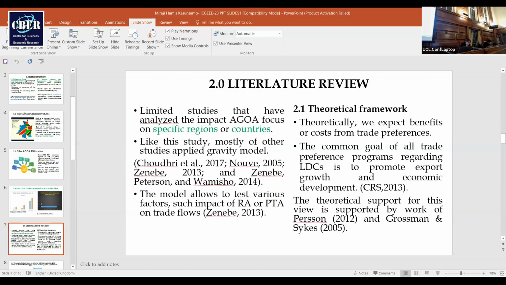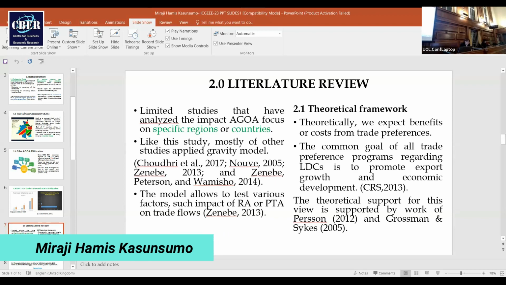The literature review shows that limited studies have analyzed the impact of AGOA focusing on specific regions or countries. This also motivated me to analyze the impact of AGOA on a specific region, which is EAC, and on a specific country, which is Tanzania, and compare the result with the remaining 3 member states in the EAC.